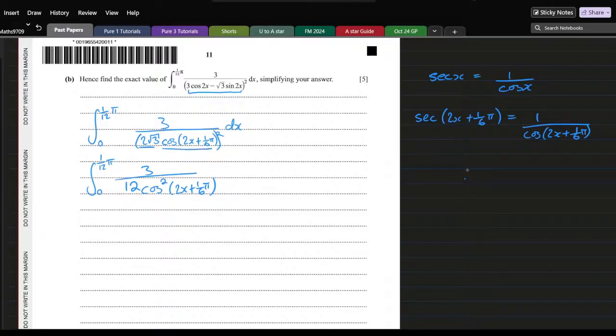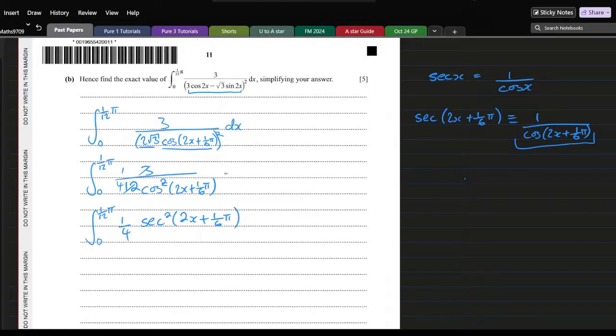Alright, and now we can use this identity that we have. So we've got the integral from 0 to 1 over 12 pi. This here is going to cancel out and give us 1 over 4. So we've got a quarter. And then we said 1 over cos of 2x plus 1 over 6 pi can be written as sec. Notice that this is squared, so our sec will also be squared, and that's 2x plus 1 over 6 pi.